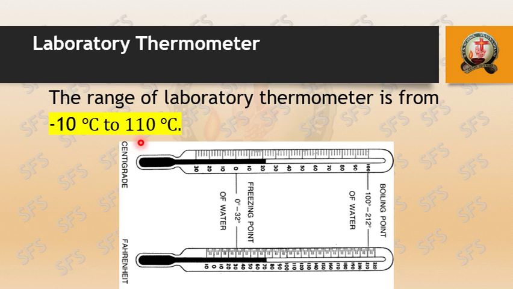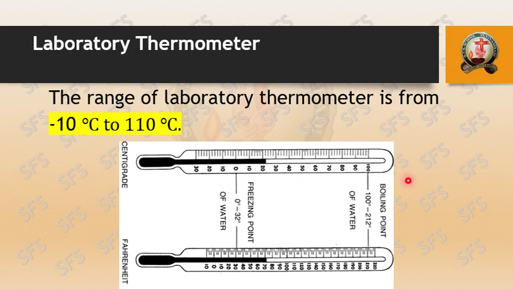The scale starts from minus 30 degrees. You can see here 0. That is the freezing point of water, which is 0 degrees Celsius. Below 0, all values are negative. It starts from minus 30, minus 20, minus 10, 0, and goes up to 100 degrees Celsius.